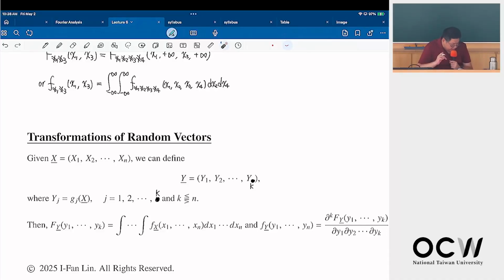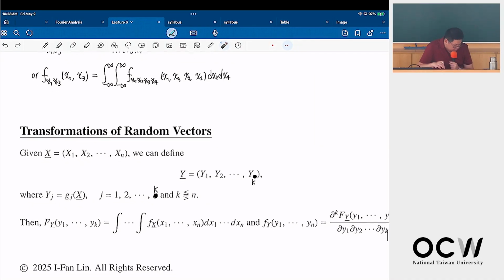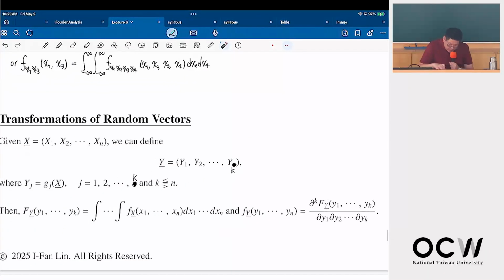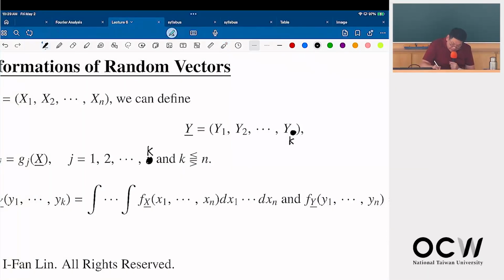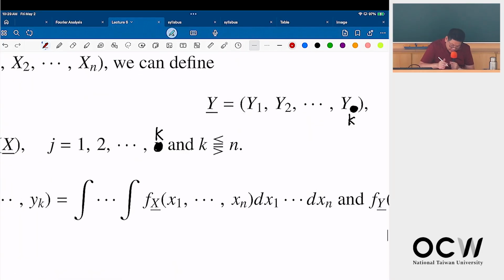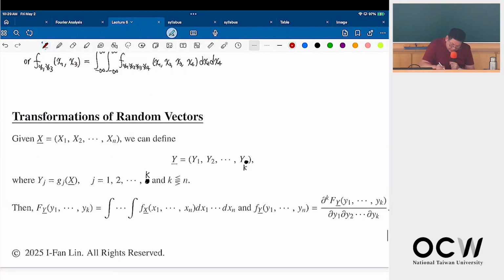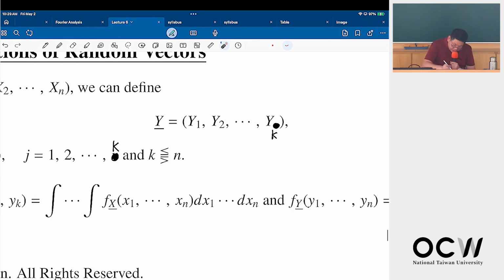Then what is the CDF of the y vector? So here I have an n-fold integration. For the CDF, that is the PDF of x from x1 to xn, and then here's a region.